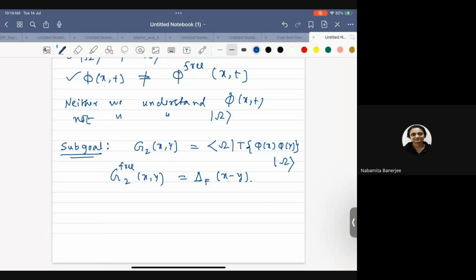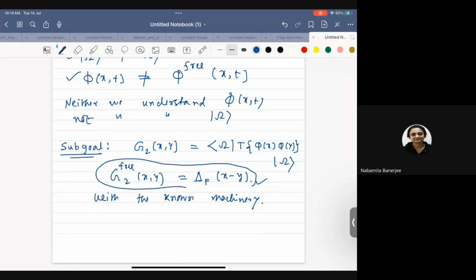This we knew. But with the known machinery, now what do I mean by that? By that I mean I just know this. I know this, I understand this state.